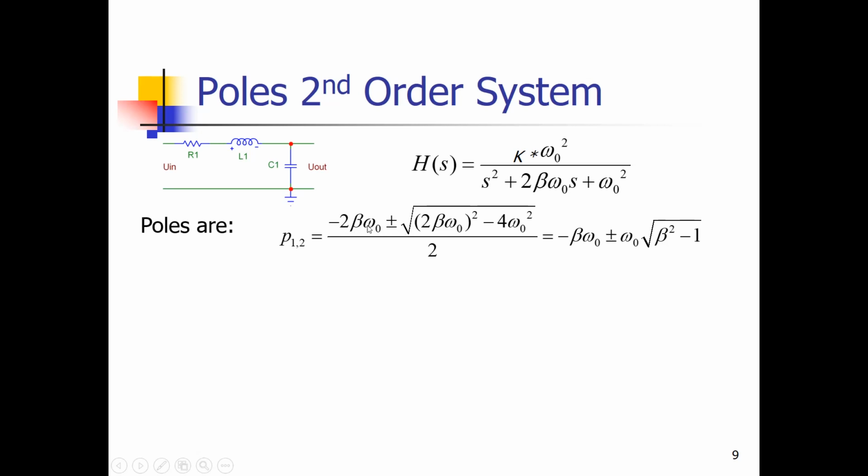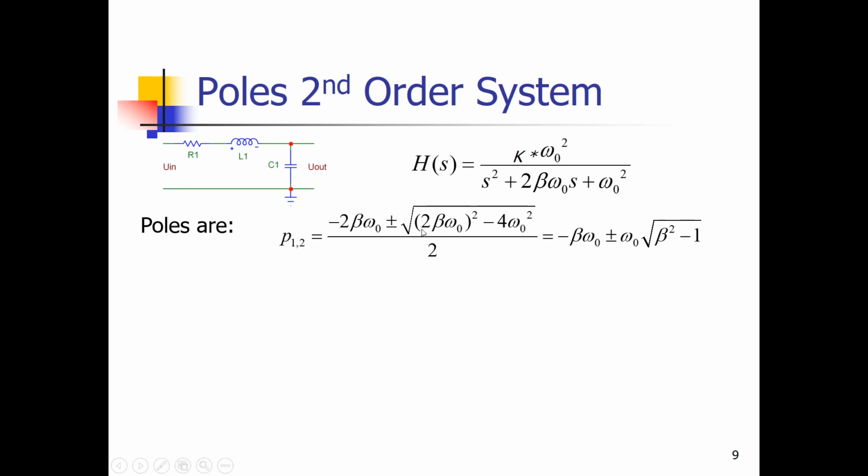Minus 2 times beta times omega 0 divided by 2 is minus beta times omega 0. And when I put this underneath the square root, it becomes 4. This is 4 times beta squared times omega 0 squared, divided by 4, which is beta squared times omega 0 squared. And I can put the omega 0 in front of the square root because it's also available over here.